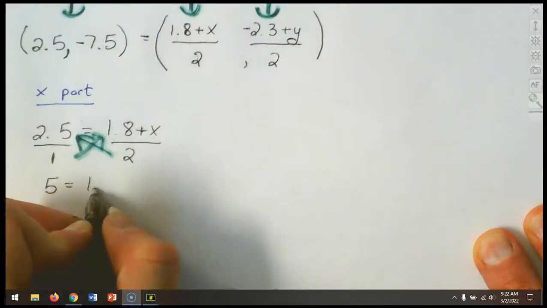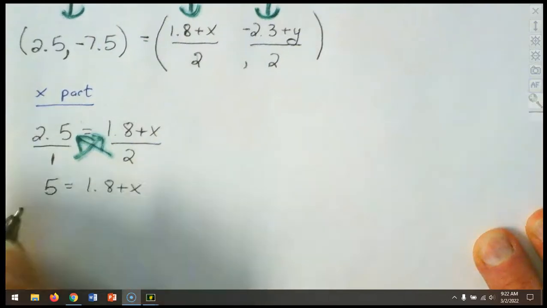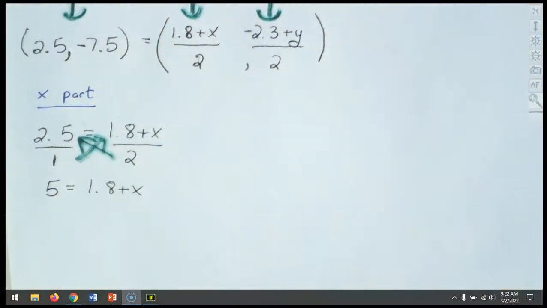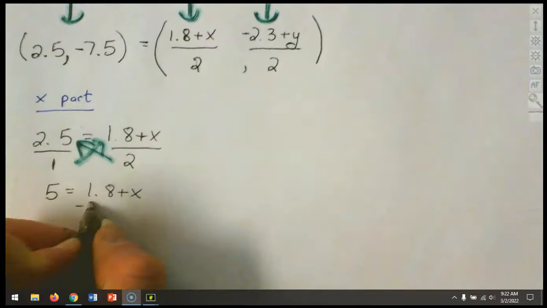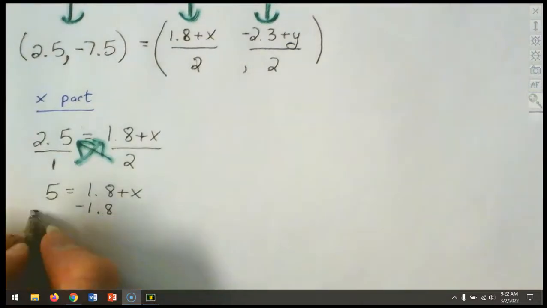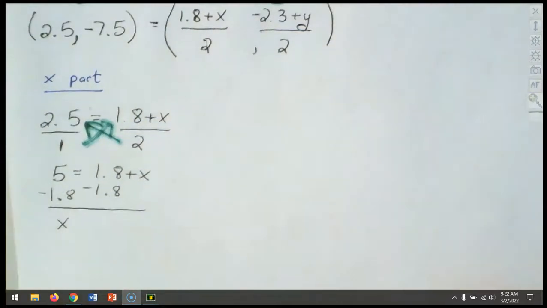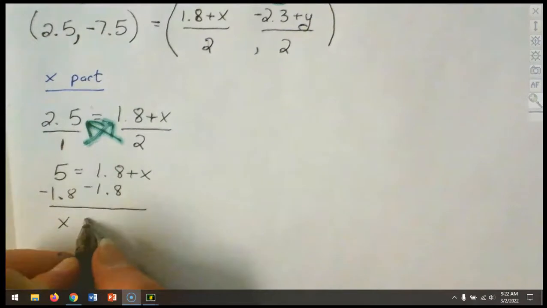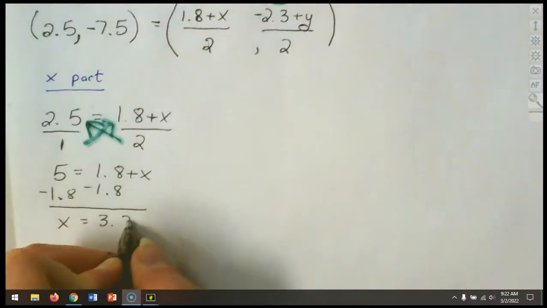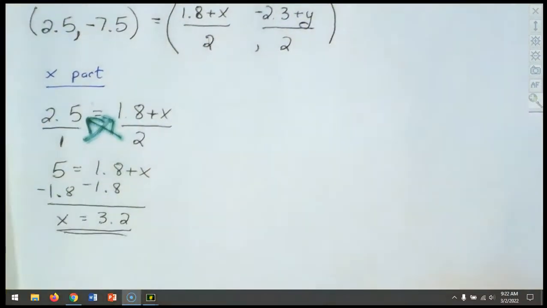And that equals then 1.8 plus x. And we can just move that 1.8 over with subtraction. And that leaves me then with x equaling now 3.2. So there's your first half. There's the x part. Pretty simple once you understand the basic concepts.